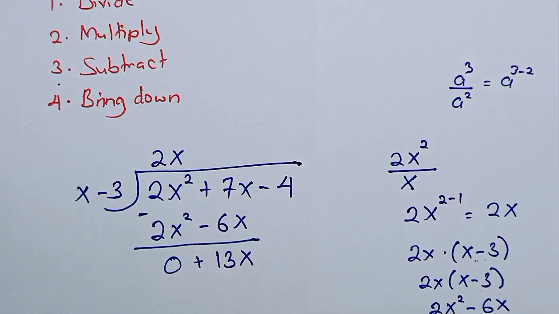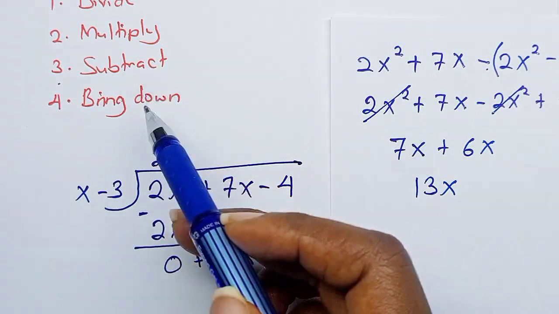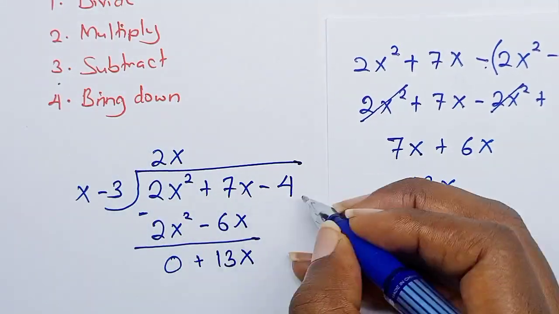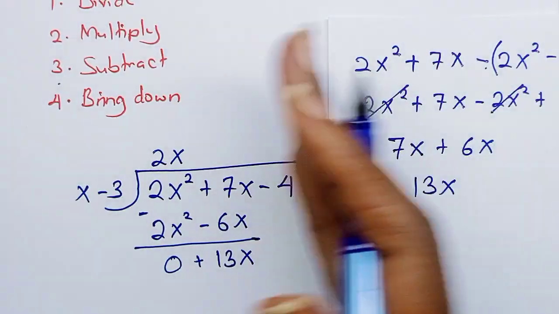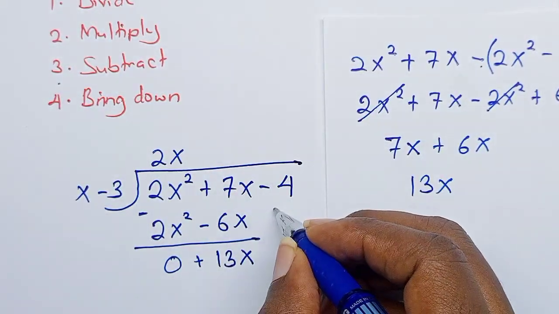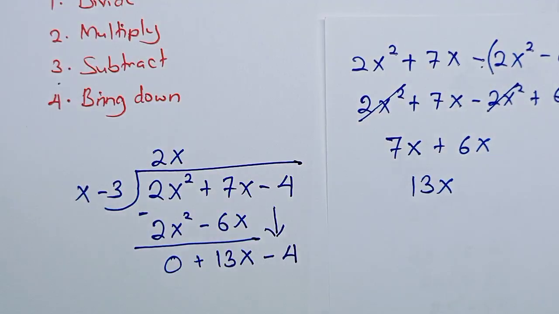Okay, now we have finished subtracting. The next thing is to bring down. What we mean by bringing down is the other part of the quotient which we haven't worked on. So this comes down. We have minus 4 here.